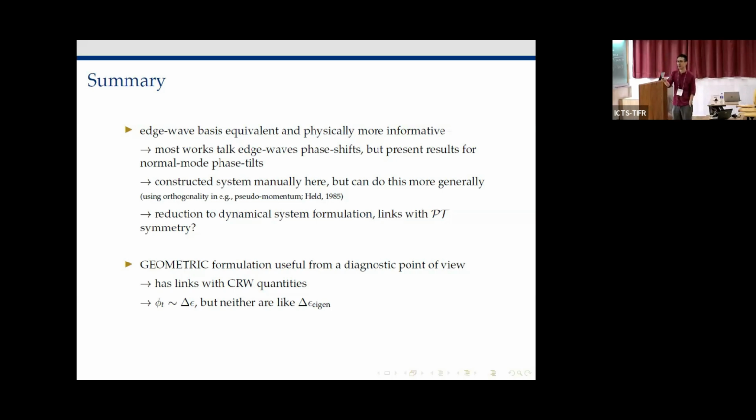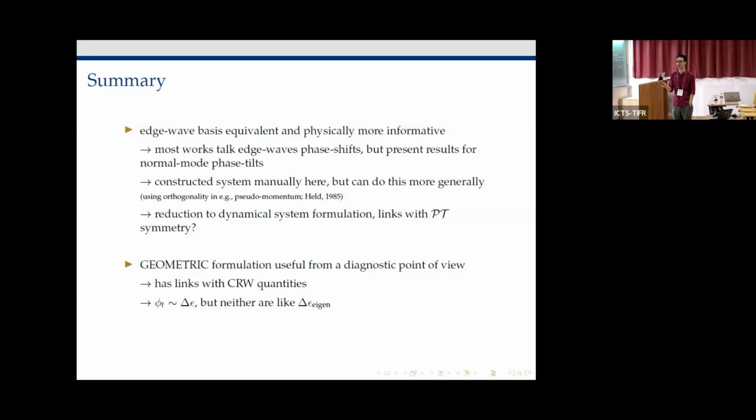The thing I did not talk about is this geometric formulation. It turns out there's a parametrization formalism called geometric. Normally, from a parametrization point of view, we just say it's something you can use from a diagnostic point of view. It's not necessarily predictive.